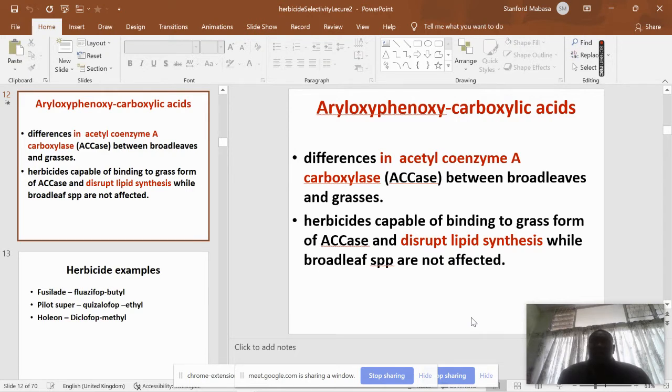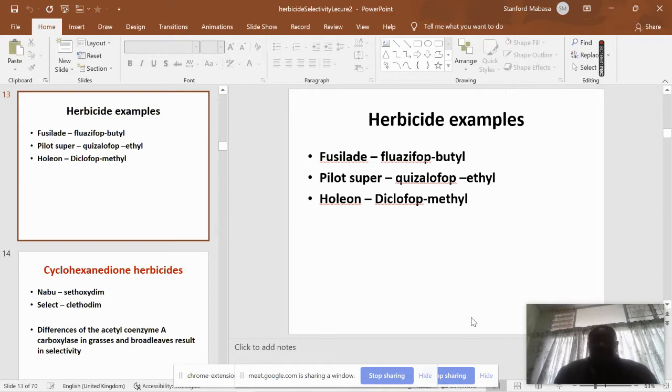As a result, they will survive the effect of the herbicides. We do have examples of herbicides like Fusilade, which we can apply to soybean or even groundnuts, beans. This can actually specifically kill grasses, leaving the broadleaf crops.